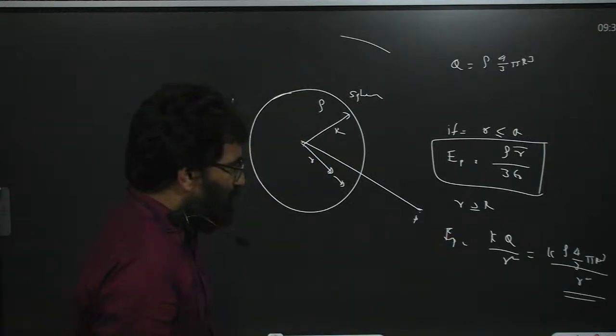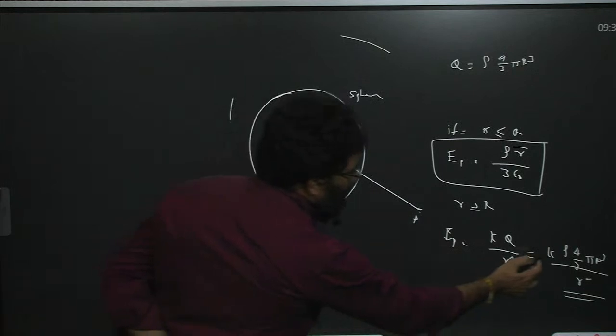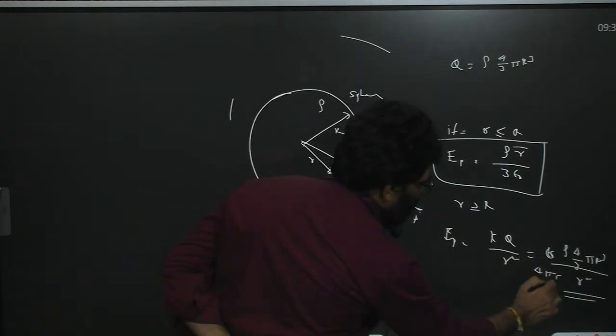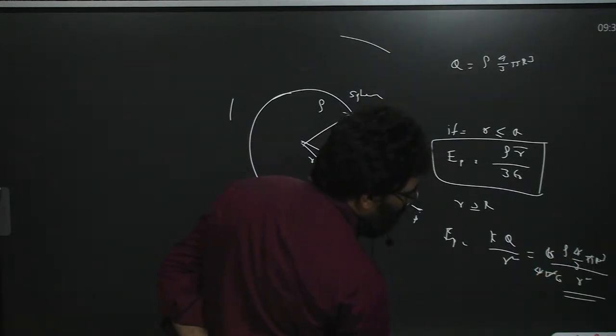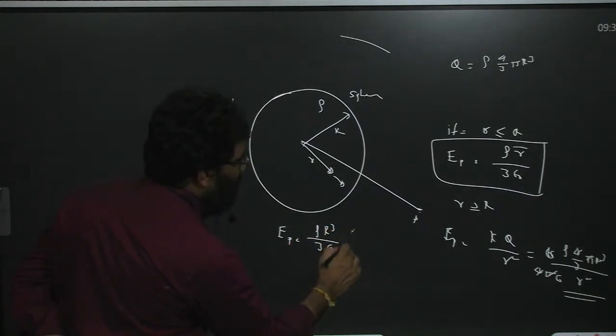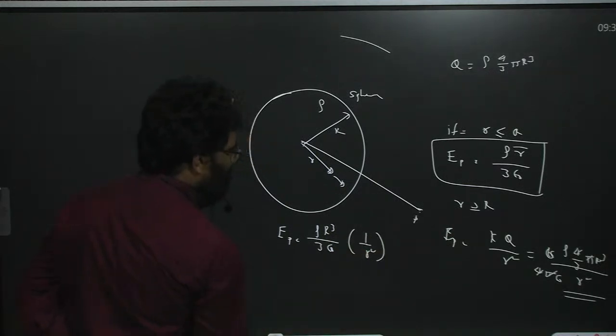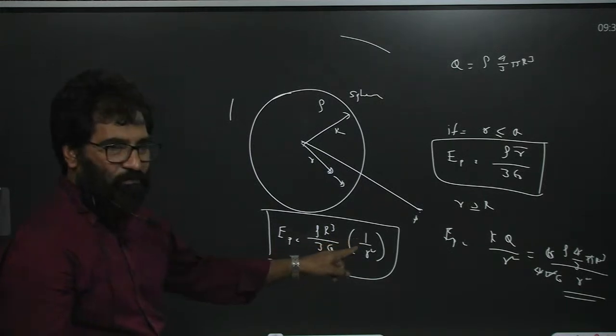The electric field outside is rho R cube by 3 epsilon naught into 1 by r square.